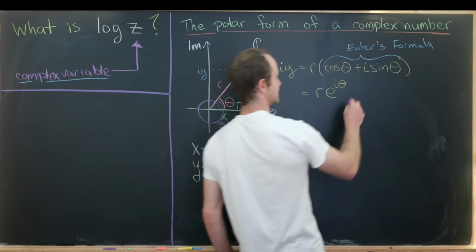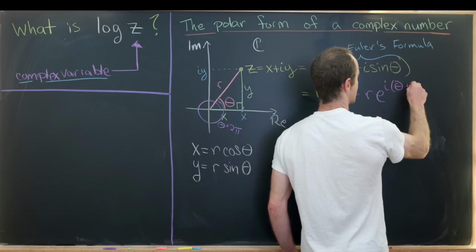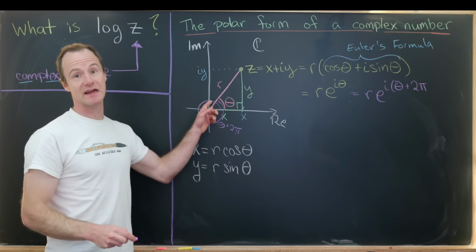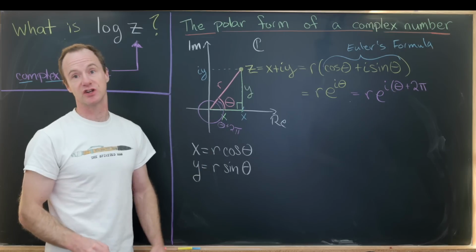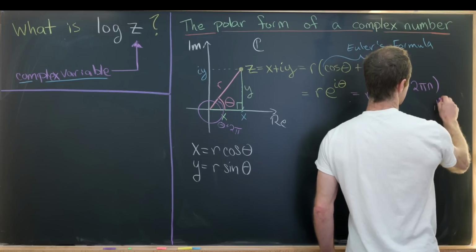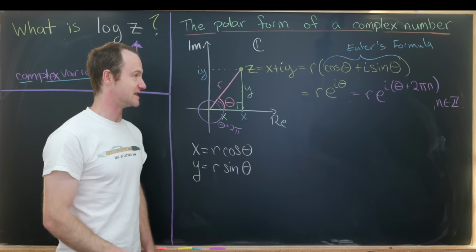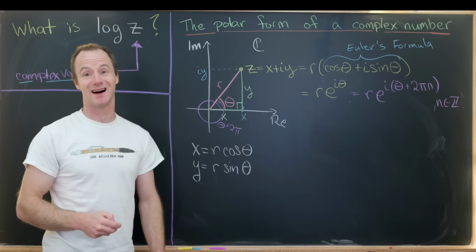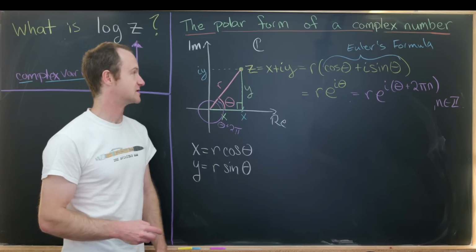So this is also equal to r times e to the i times theta plus 2 pi. And in fact, I can go around as many times as I want, either in the forward direction or the reverse direction, and I achieve the same complex number. So I can put an n here, and this n runs through all integers. What that means is this polar representation of our complex number is not unique.